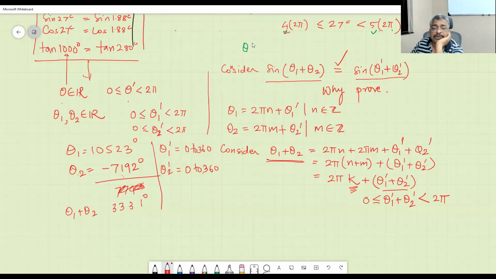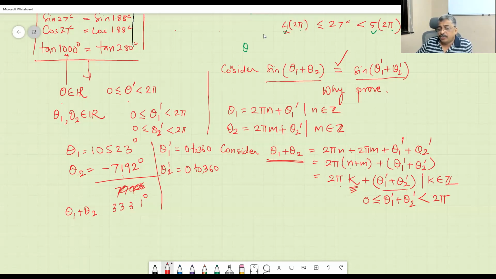Let theta 1 equal 2 pi n plus theta 1 dash, where n belongs to Z. Theta 2 equals 2 pi m plus theta 2 dash, m belongs to Z. Now consider theta 1 plus theta 2, which is 2 pi n plus 2 pi m plus theta 1 dash plus theta 2 dash, which is 2 pi inside bracket n plus m, plus theta 1 dash plus theta 2 dash, which is equal to 2 pi times k plus theta 1 dash plus theta 2 dash, where k belongs to Z.